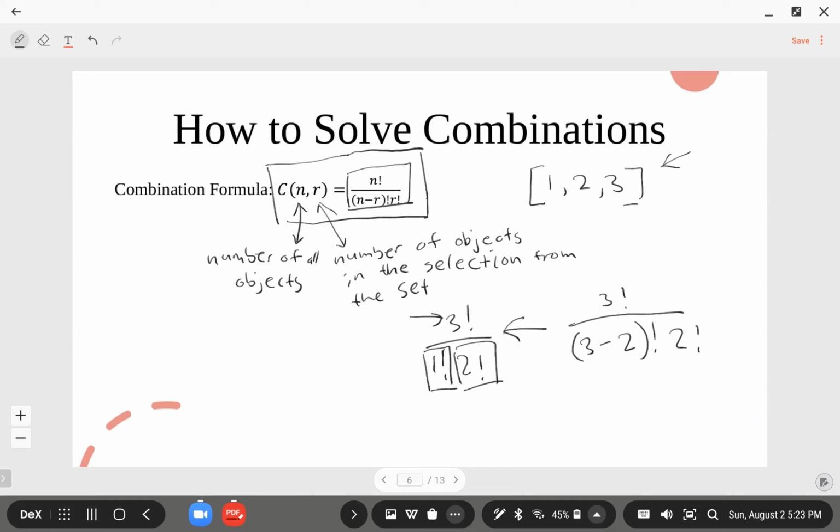It's 1, right? If you're supposed to take 2 objects from the set of 3 objects, there's 1 left over, always, in every situation. So you don't want that 1, so you divide by it because it's not included in all those groups.